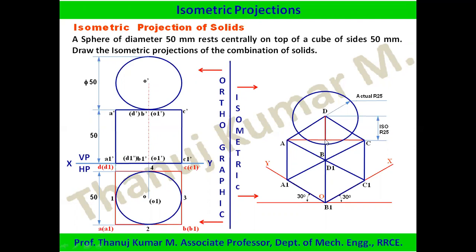It should be below this line, only then it will be right. The center of the sphere is located with isometric radius 25 for this diameter 50 mm, and then I'm drawing with actual radius 25 to draw the circle.